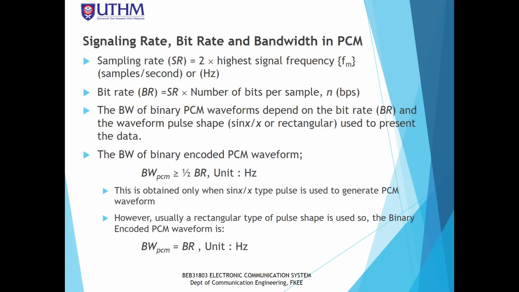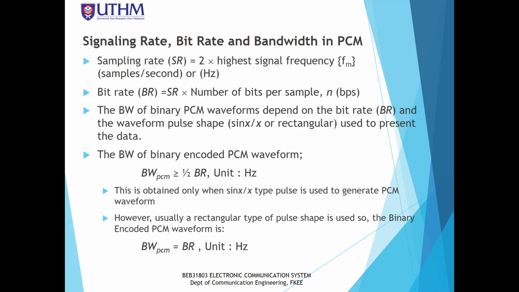Okay, this is also the important parameters. The important parameters for the digital modulation. Okay, so there are three important parameters here, which is signaling rate, bit rate, and also the bandwidth.